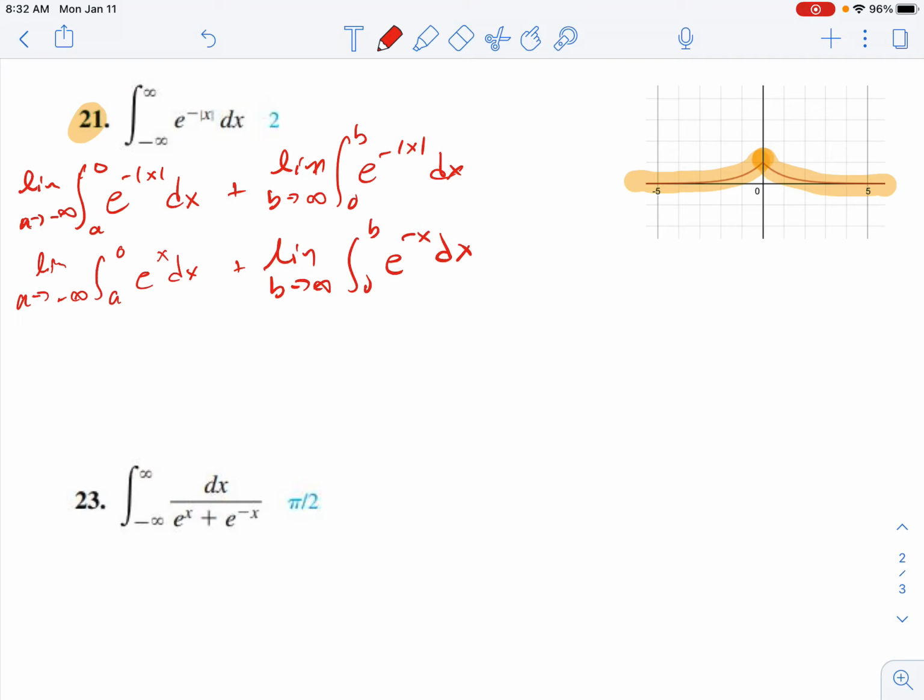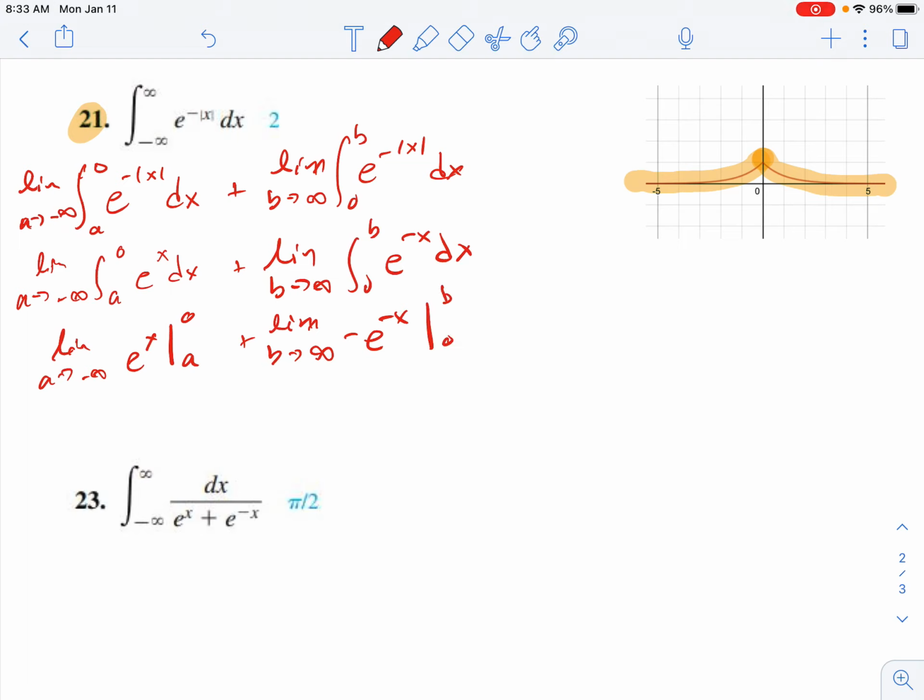So we take the antiderivative for the first term, and we get the limit as a goes to negative infinity of e to the x, evaluated from a to 0, plus the limit as b goes to infinity of negative e to the negative x, evaluated from 0 to b.